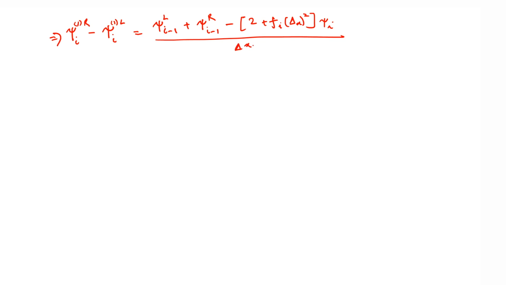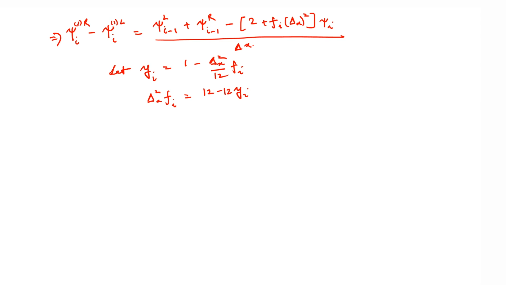Now, let us assume y I equals 1 minus, as before, we have done a similar assumption before. So, what I get is delta x square f I equals 12 minus 12 y I.